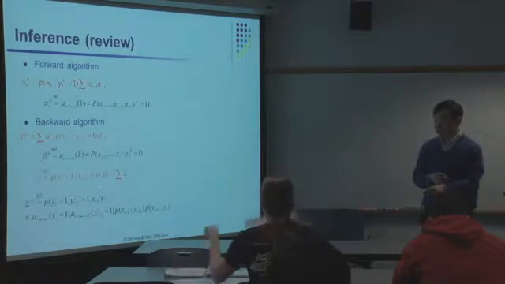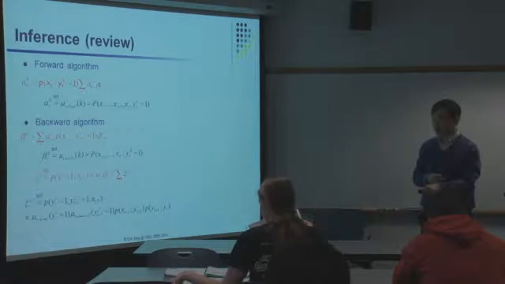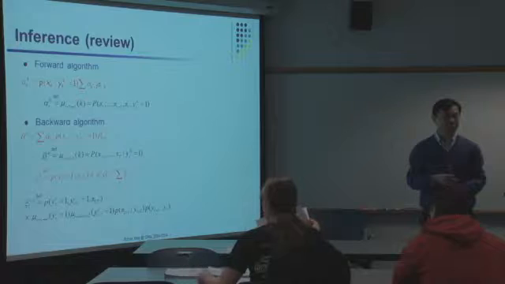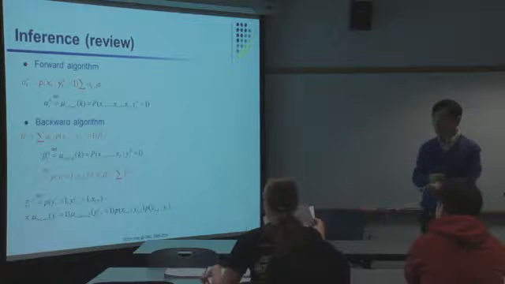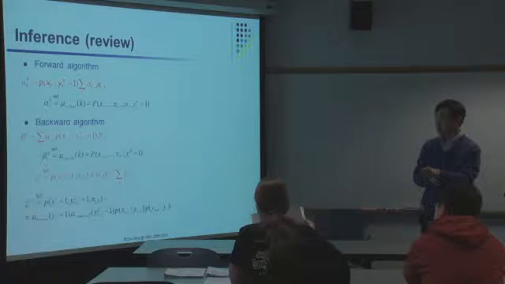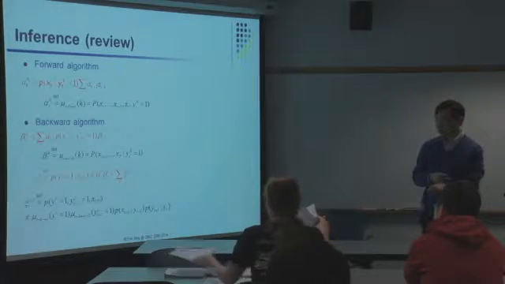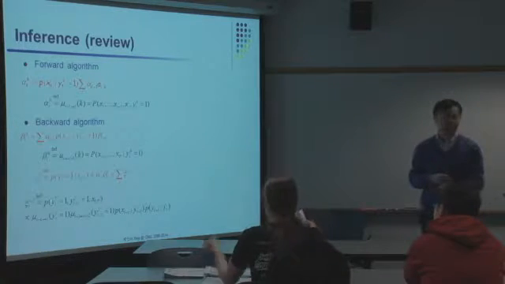So what is the utility of this quantity? We have the marginal probability here. We have some interesting conditional and joint probabilities here. What is the utility of this particular quantity?